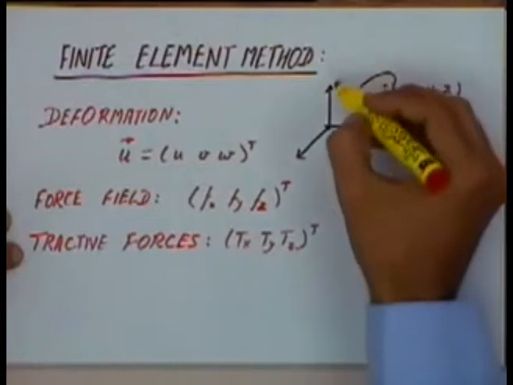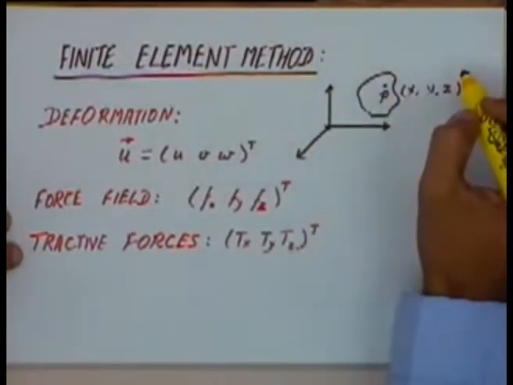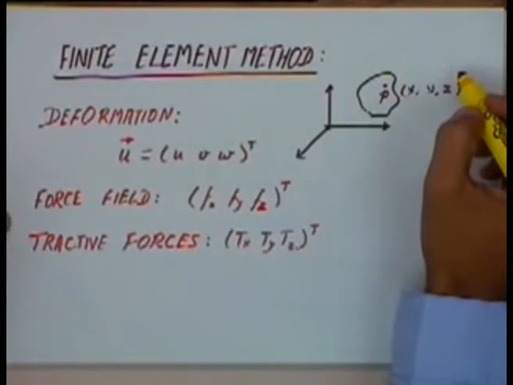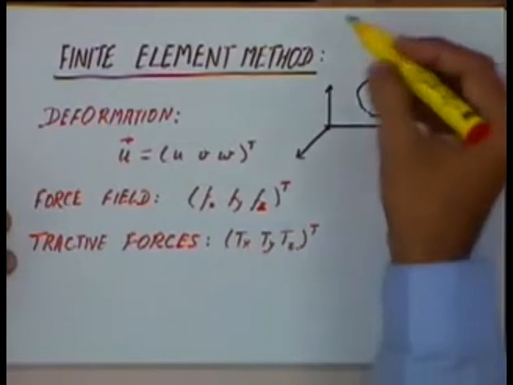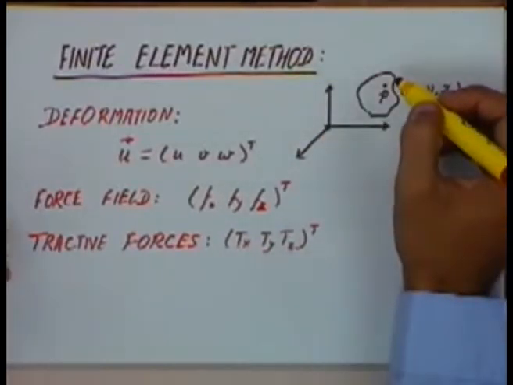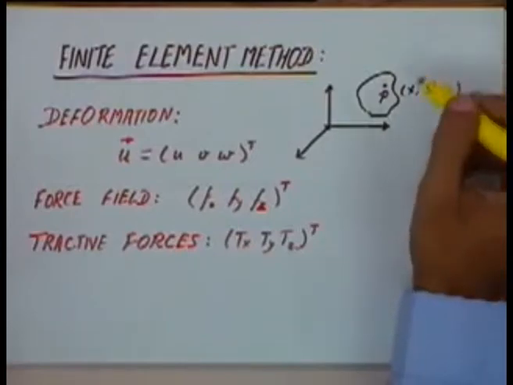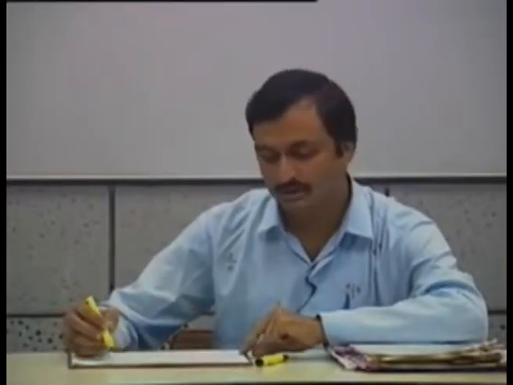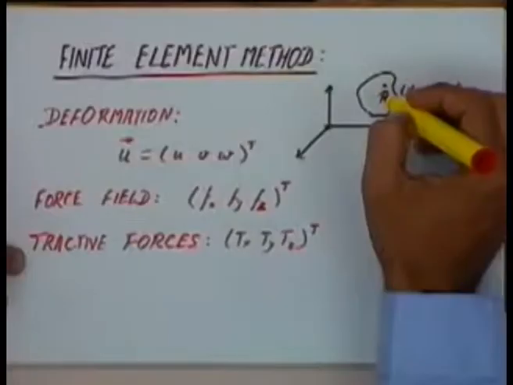If we have any three dimensional object, we can have a volumetric force that will be force per unit volume, typically something like gravity or magnetic forces. On the surface we can have pressure fields, or a uniform distributed load or similar force fields acting on the surface. These will be called tractive forces, and we can have point forces.